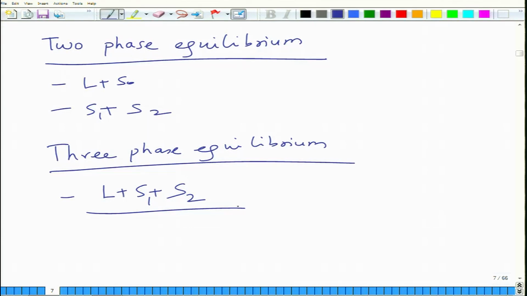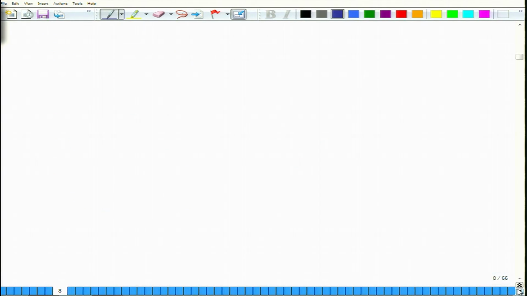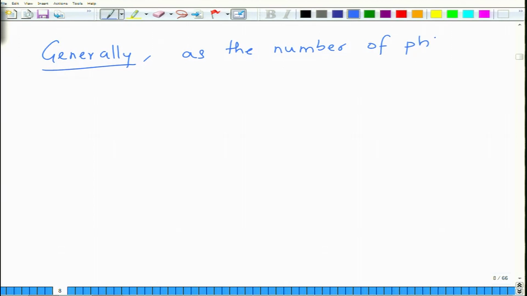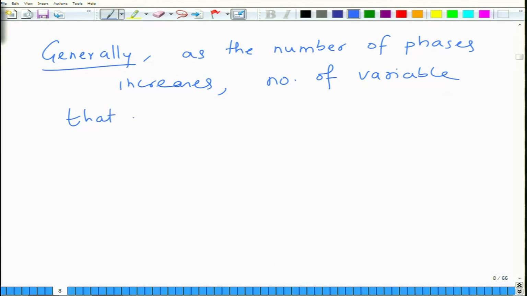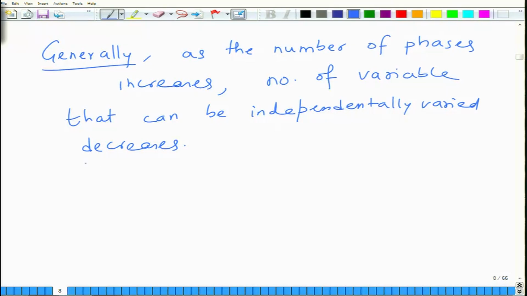So generally what we see is that if you study single component phase diagrams and two component binary systems, there is a conclusion that you draw: as the number of phases increases, the number of variables that can be independently varied decreases.